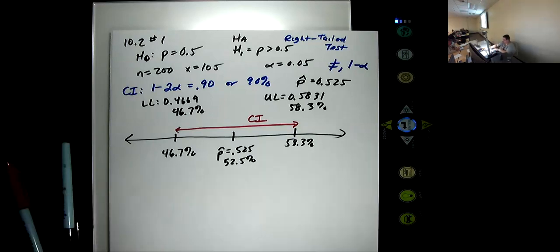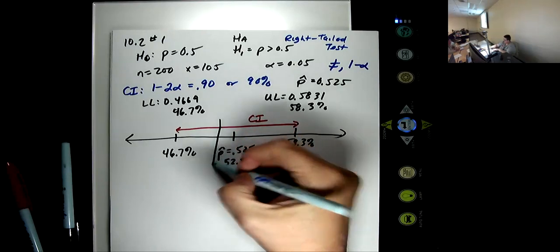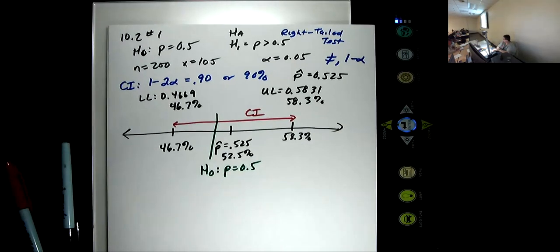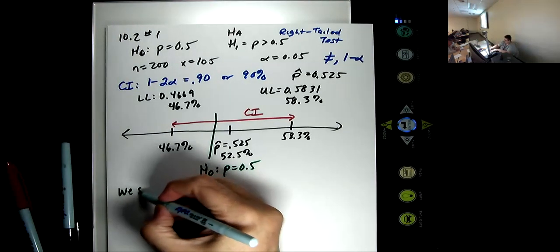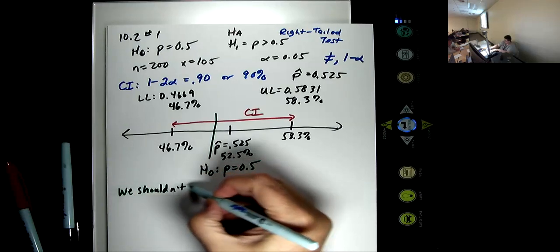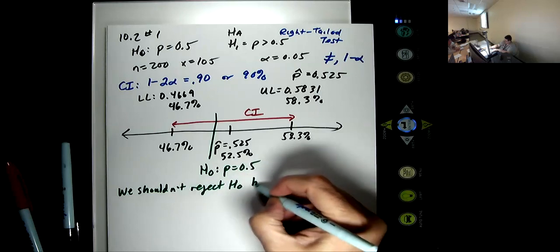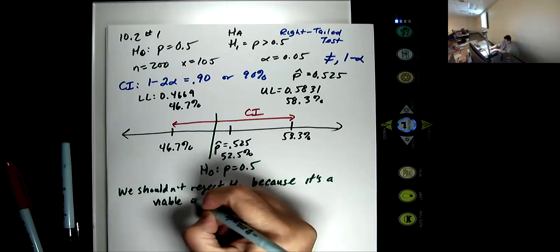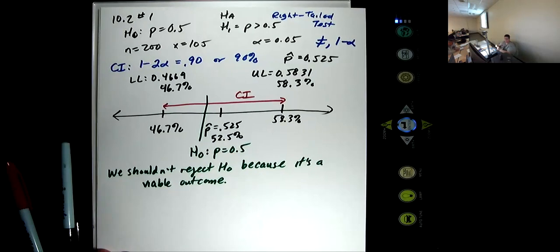It's somewhere between 46.7 and 52.5. That's where H naught, P equals 0.5, is. So the confidence interval is showing us we shouldn't reject H naught, because it's possible. Because it's a viable outcome. That's what the confidence interval is telling us.